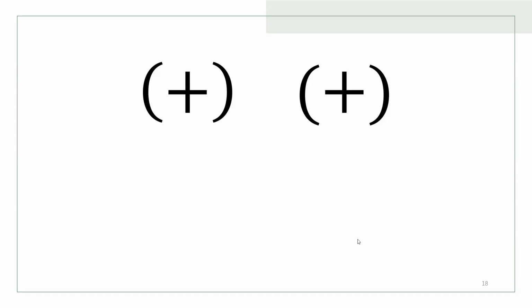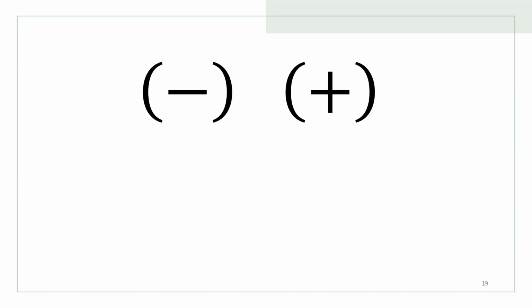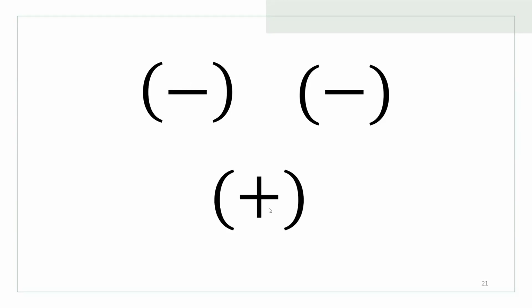So whatever you gotta do, smile if it's positive, frown if it's negative, thumbs up if it's positive, down if it's negative. Are you ready? Name that sign. That is a negative. Name that sign. That is a positive. Name that sign. That's a negative. That's a negative. Name that sign. That's a positive.